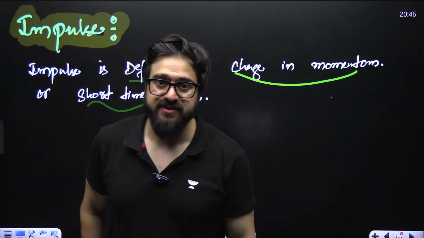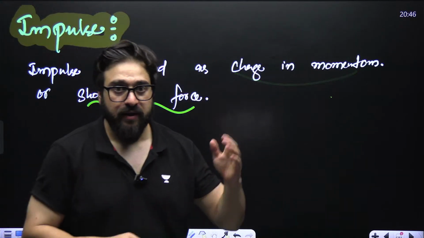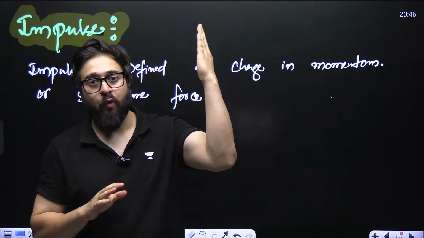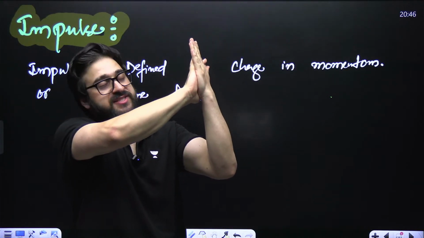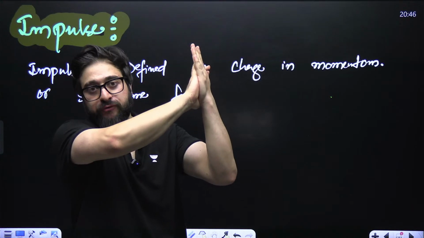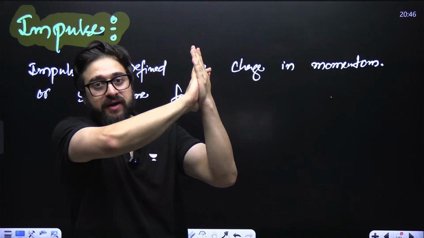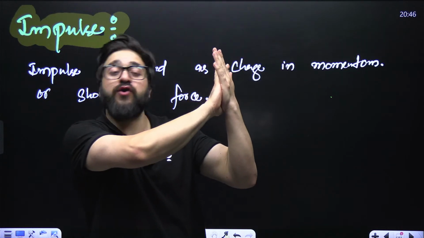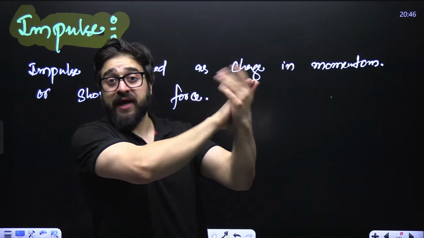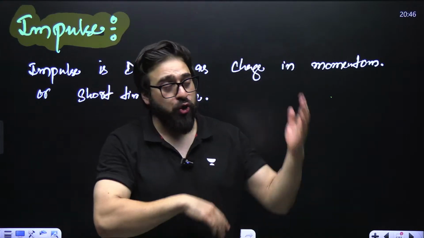Let's suppose this is a wall. I am applying the force on the wall for how many seconds? 1, 2, 3, 4, 5, 6, 7, 8, 9, 10, 11, and I keep on applying the force for a longer time. So this is a long time force. Now apply the short time force.